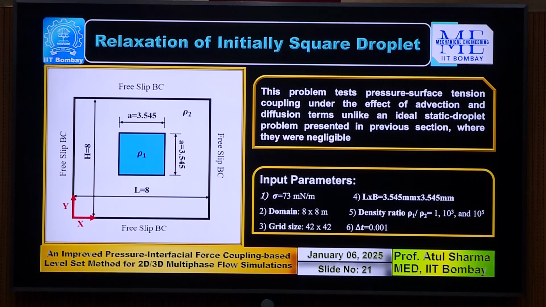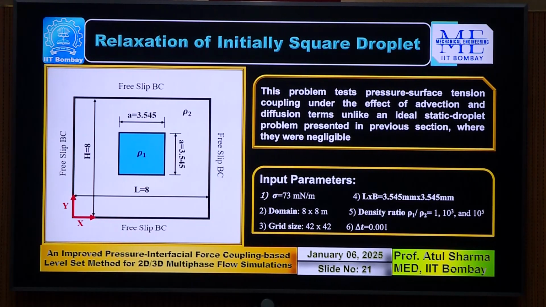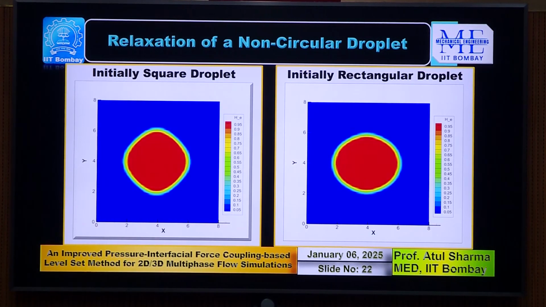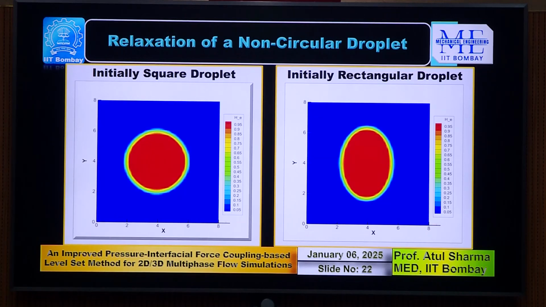So this test uses pressure surface tension coupling under the effect of advection and diffusion, which we have not used in the previous test. So you can see that we have considered a square droplet and a rectangular droplet, and this is with the improved diffuse interface level set method, and finally it approaches the circular cross section as expected.